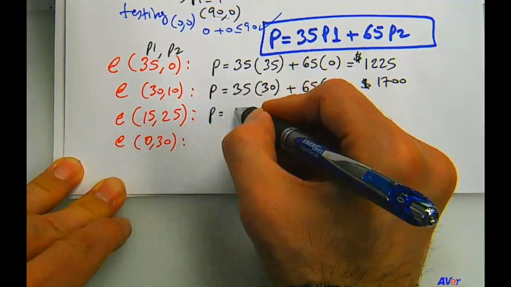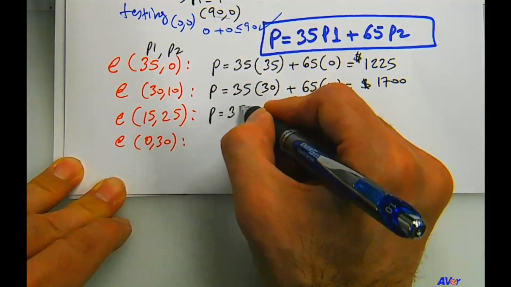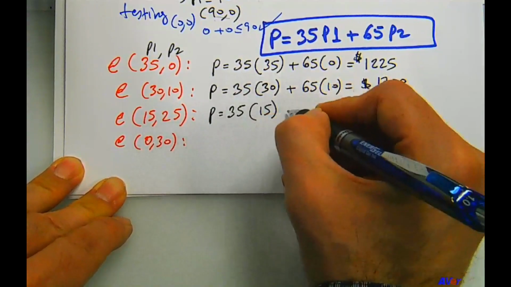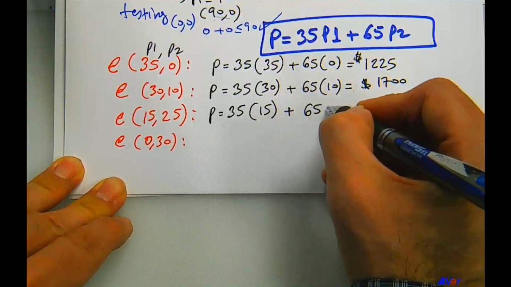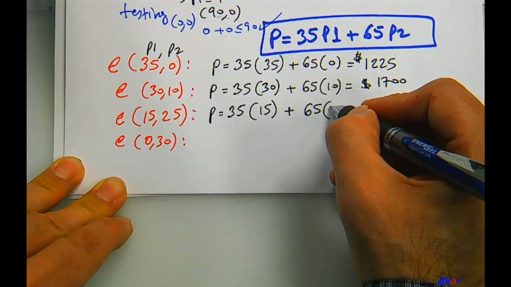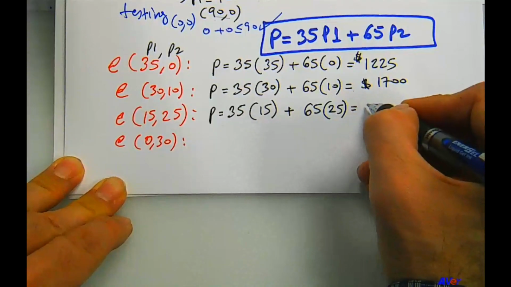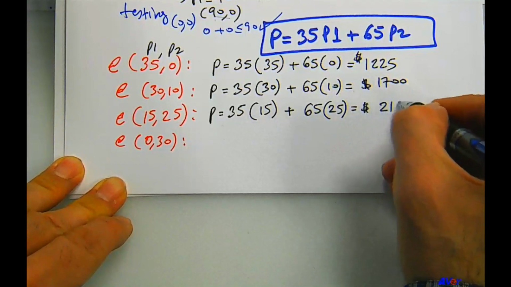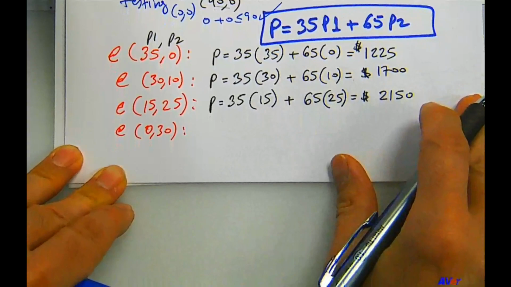And then P equals 35 times 15 plus 65 times 25, and we get $2,150 of profit from that.